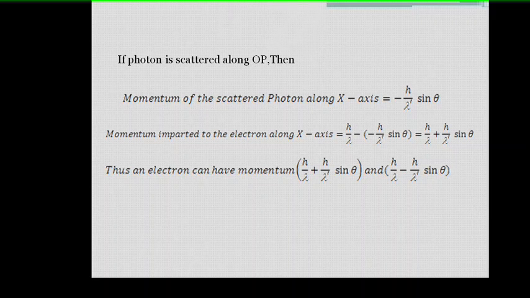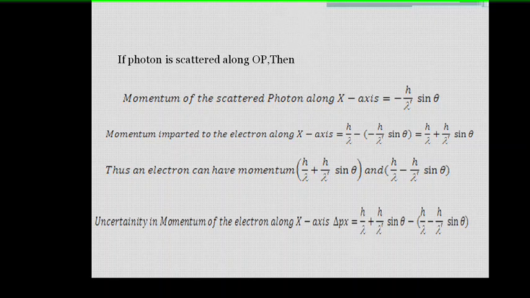Let del px be the uncertainty in momentum. So, del px can be written as del px is equal to h by lambda dash into sine theta.